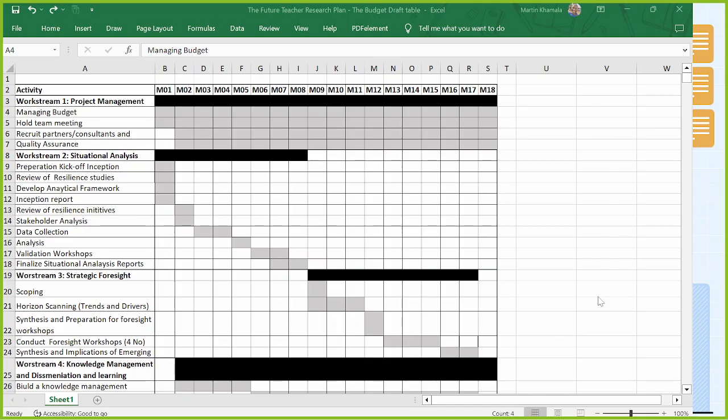All these are tasks. There are some tasks that only one person is required to do. There are some tasks that people, for example, if you are doing situation analysis, you are doing review of it, every partner can be involved in that. So I think there are some things we can agree.